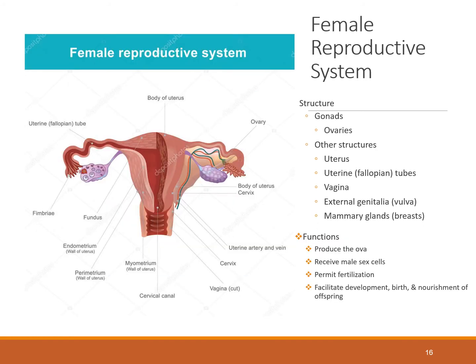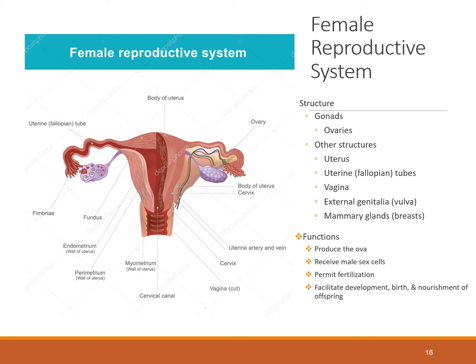Here we see a picture of the female reproductive system. The gonads of this system are referred to as the ovaries. There are two ovaries, and this is where the ova, the eggs, develop and are expelled in the ovulation cycle every month.